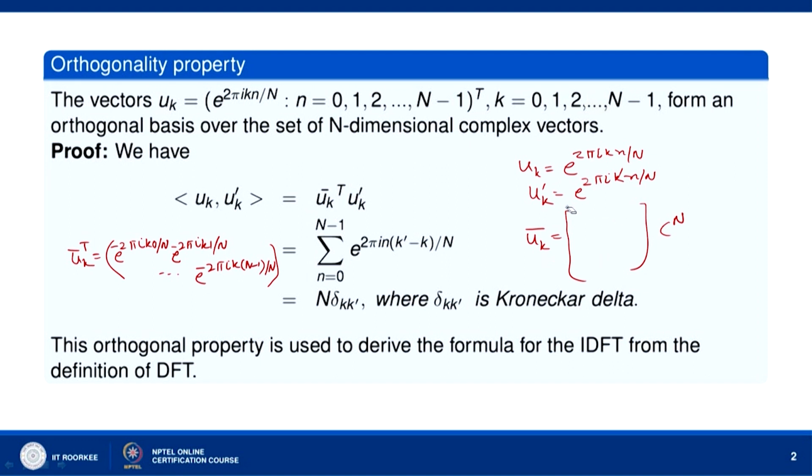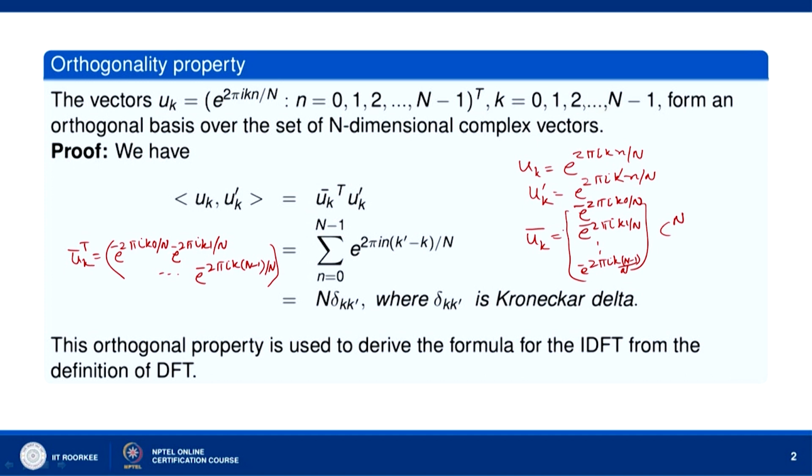We have its components as e raised to the power minus 2 pi i k 0 by N, e raised to the power minus 2 pi i k 1 by N, okay, and e raised to the power minus 2 pi i k (N minus 1) by N. So, this is the column vector u_k conjugate.